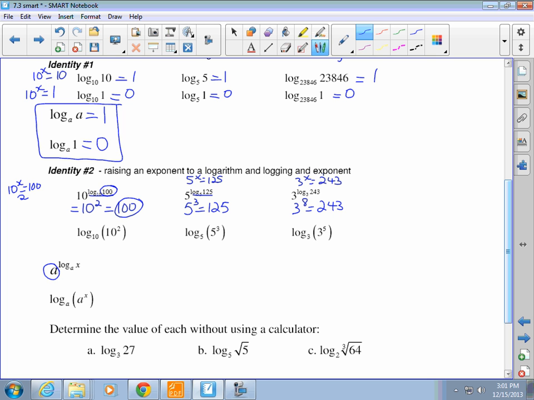So here I have an a, that's my base of the whole thing, and my base in the log are the same, then my answer is just my solution. What happens there is the log and the exponent that's raised to it cancel each other out because they're just the inverse of each other.